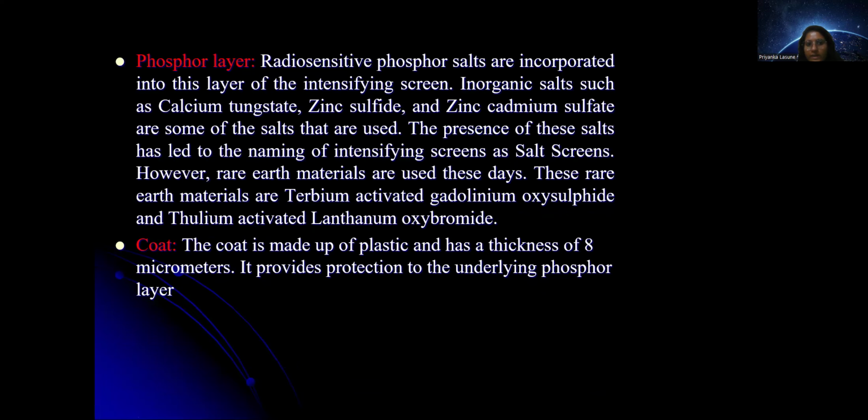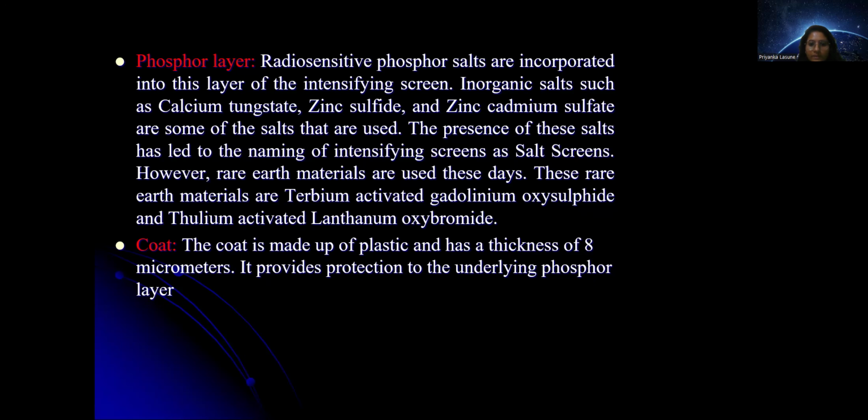Inorganic salts like calcium tungstate, zinc sulfate, and cadmium sulfate are some of the salts that are used. Nowadays, rare earth metals are used, like terbium activated gadolinium oxysulfide or thulium activated lanthanum oxybromide.